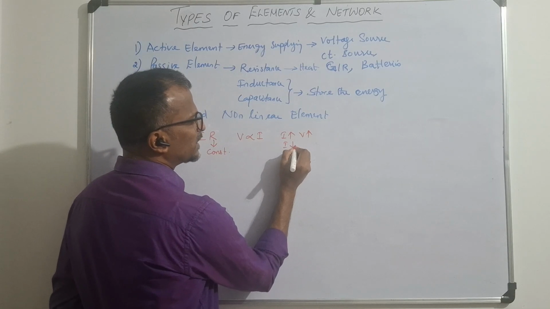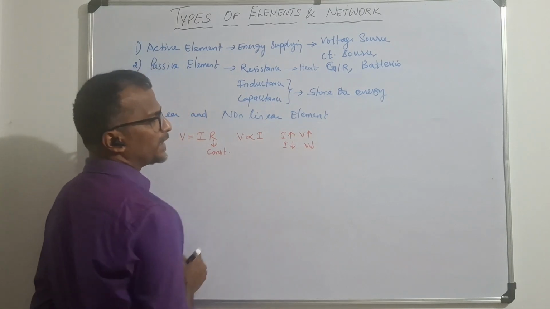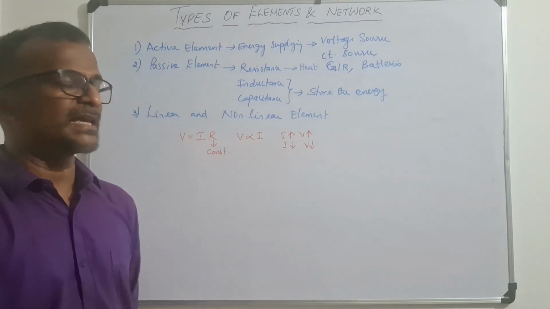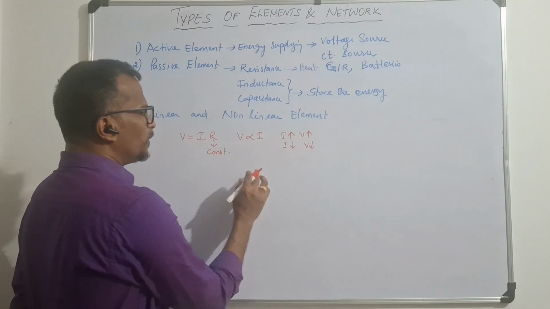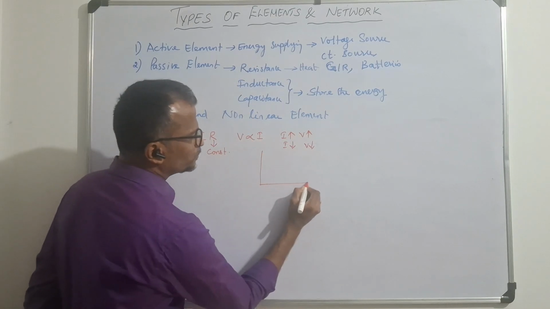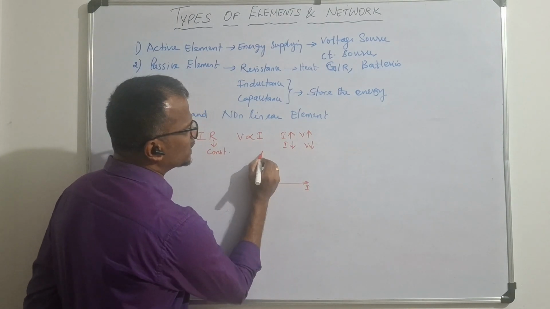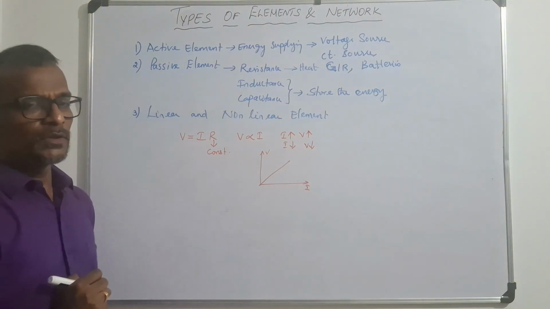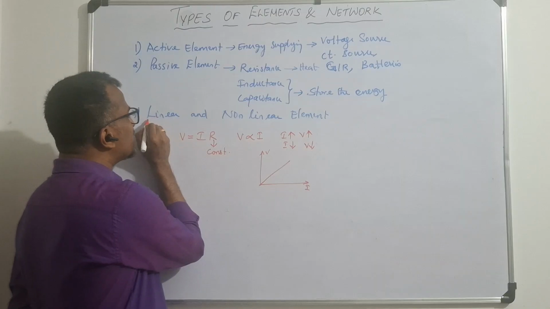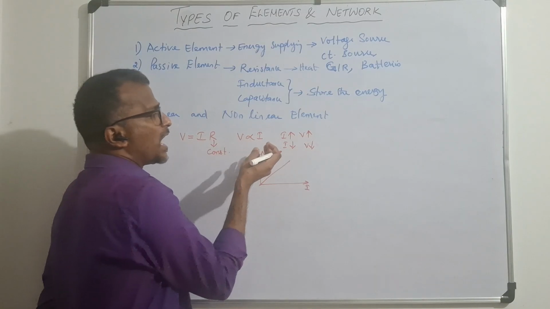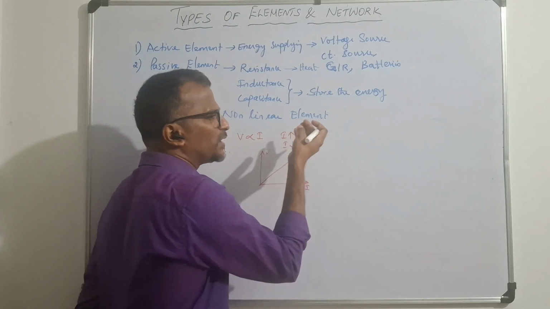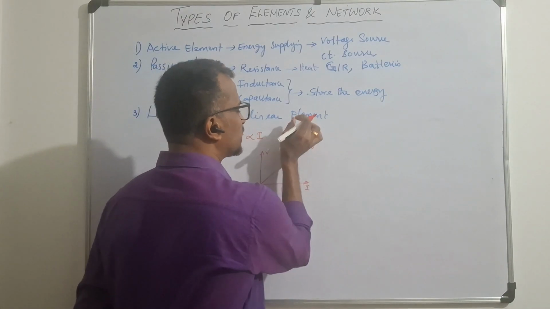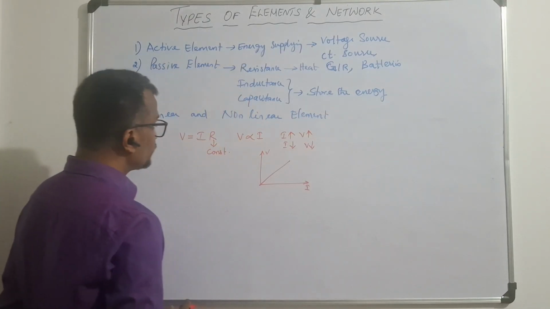As the current reduces, voltage will reduce. The resistance value will not change. If we draw the curve of current versus voltage, we will get a straight line like this. So this is called a linear element. As the current increases, voltage will increase, always in linear proportion, right?